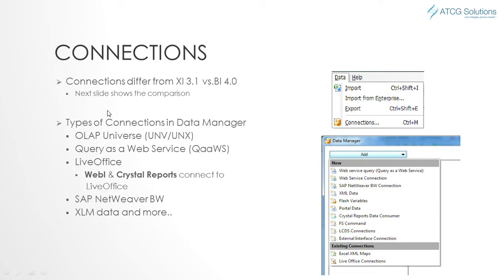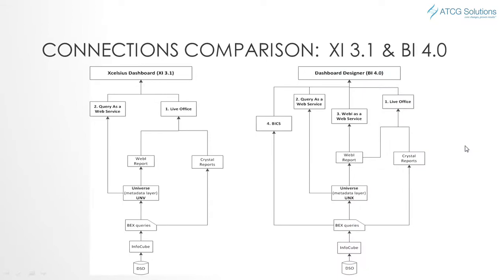The most important thing we have to mention is that connections differ between 3.1 and BI 4.0. Here is the difference. In 3.1, after creating DSO InfoCube and BEx querying, connect to the universe and Crystal Reports, and then universe to the Web Intelligence report, and then Web Intelligence report and Crystal Reports to LiveOffice. That's the first one, and then besides, universe to QaaWS, that is the second one to connect the dashboard.